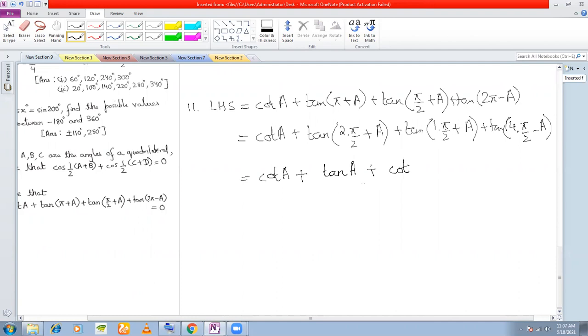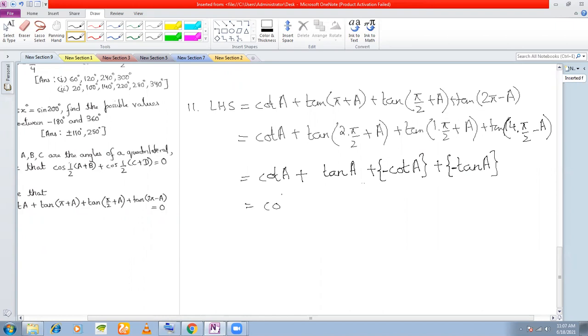And which quadrant is this in? Pi by 2 plus A is in the second quadrant, so cot will be negative. Plus even multiple, 4 into pi by 2. Tan will remain a tan. Which quadrant is this in? 4 into pi by 2 minus A, fourth quadrant, where tan is negative, so you have a minus tan.